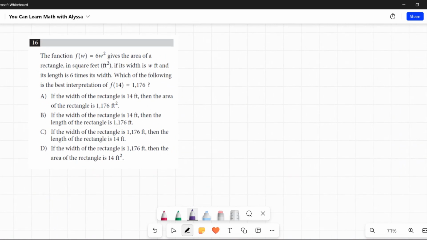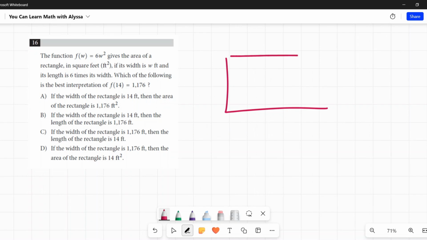Number 16. The function f of w equals 6w squared gives the area of a rectangle. I'm going to go ahead and draw my rectangle. In square feet, if its width is w and its length is 6 times its width. I think I drew it rotated wrong, but that's fine. So the width is w and the length is 6 times the width, 6w.